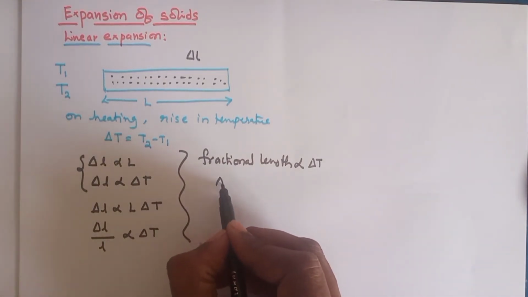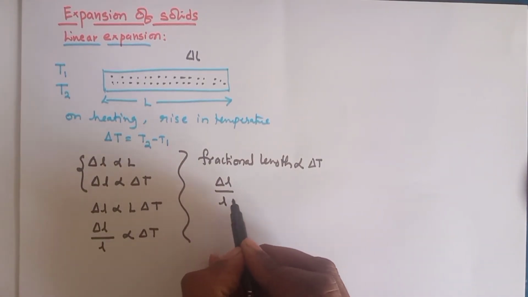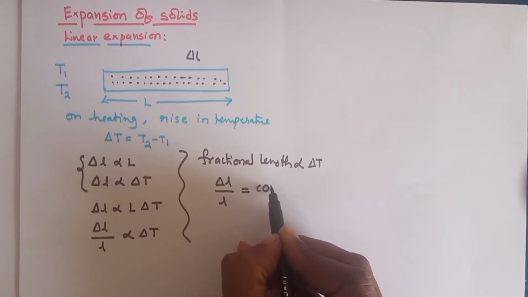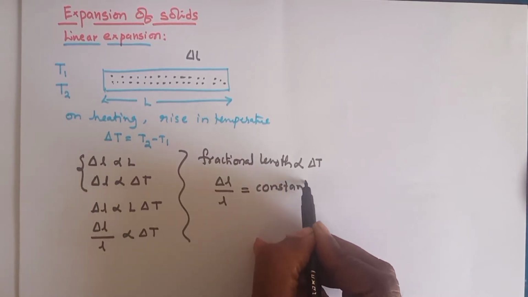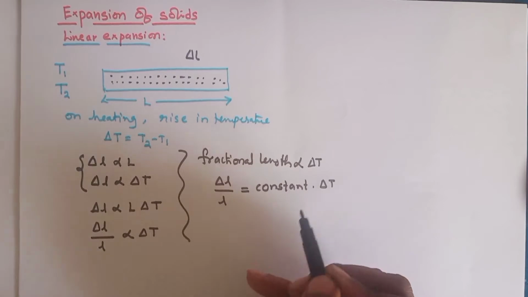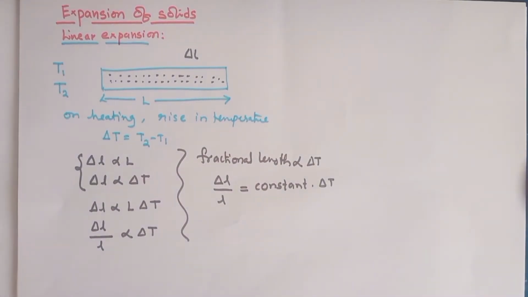Delta L by L is equal to some constant into delta T.